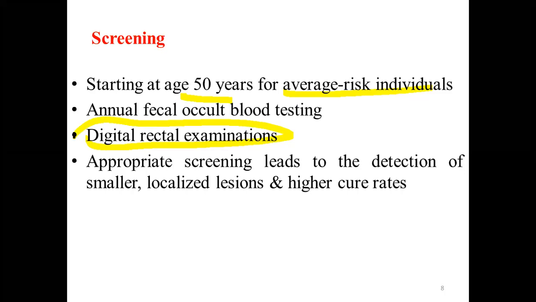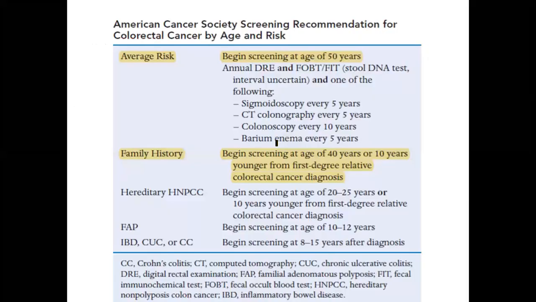Yeah, I think mostly they use digital rectal examination for screening. So this is actually the most common screening. Digital rectal examination is the most common screening for colorectal cancer.